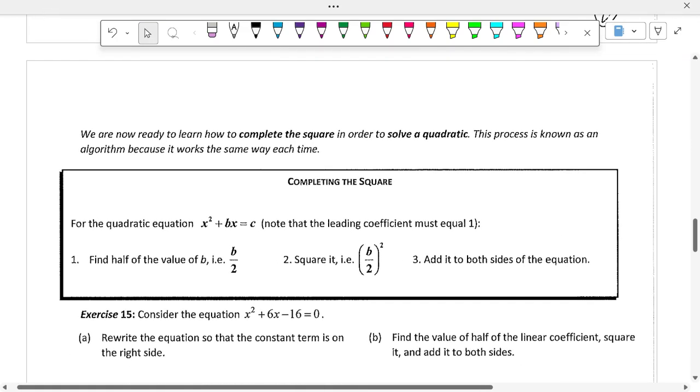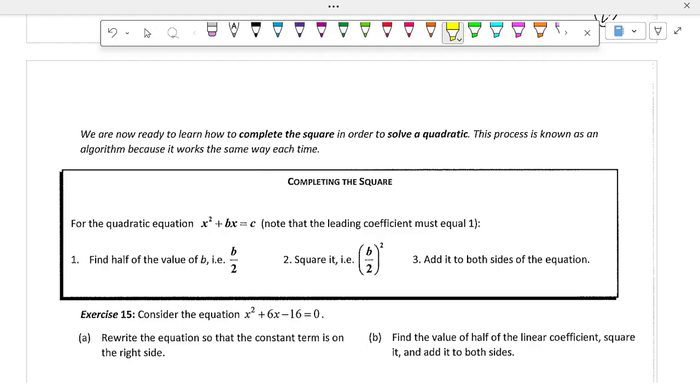So, do you guys remember back in Unit 3 when we were going from standard form to vertex form and we had to complete the square? Do you remember when we did that activity with all the algebra tiles where we were moving things around to actually make squares? Yeah. So, we're coming back to that. Completing the square to solve a quadratic.